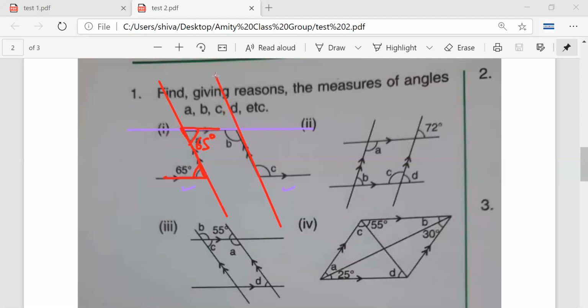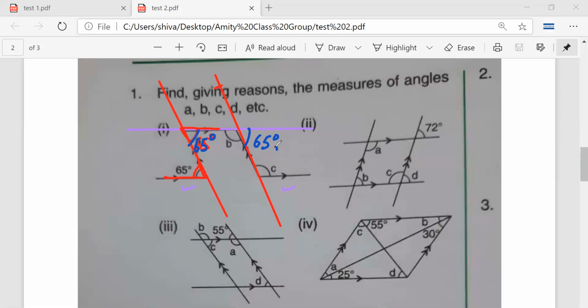Sir, extend these lines. Okay, after that, this is 65 degrees. Therefore, this angle is also 65 degrees. Any doubt about this? No, sir.